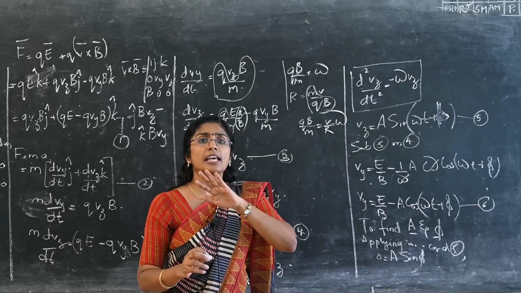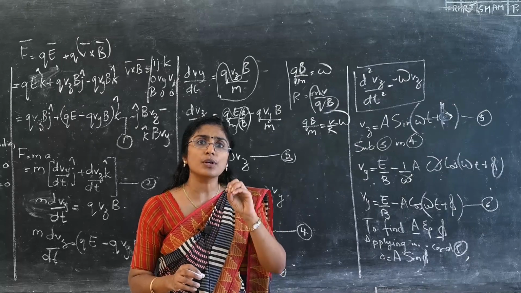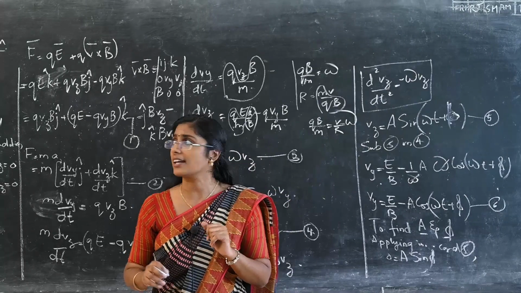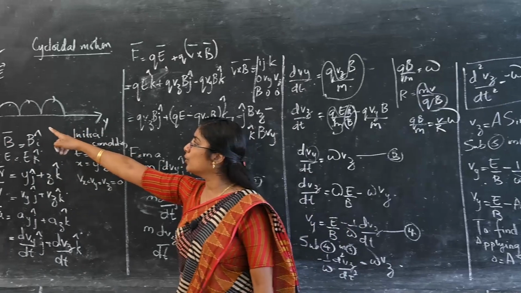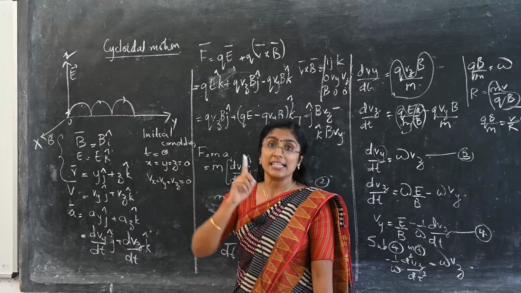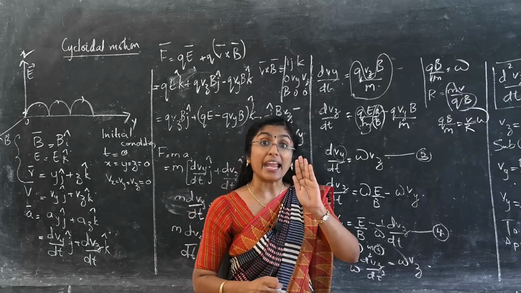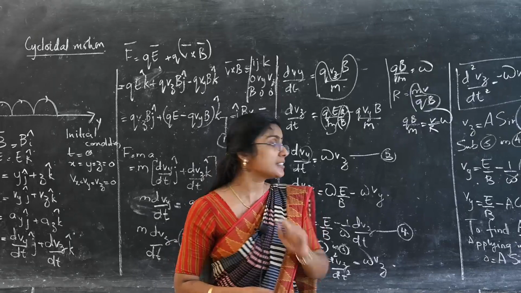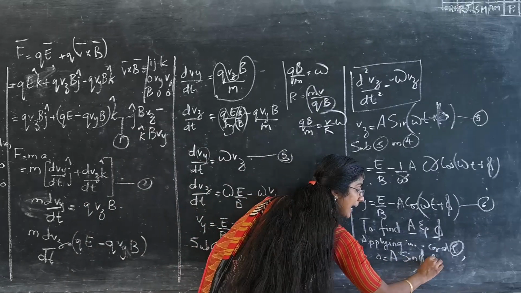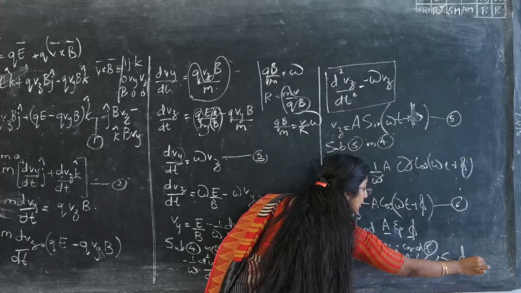That means there will be no velocity of the particle along the z direction, or no displacement for the particle along the z direction. That is not possible, because we know that our particle is showing some kind of displacement along the z axis. We cannot consider A to be 0. It implies that A cannot be 0, but sin phi is equal to 0.